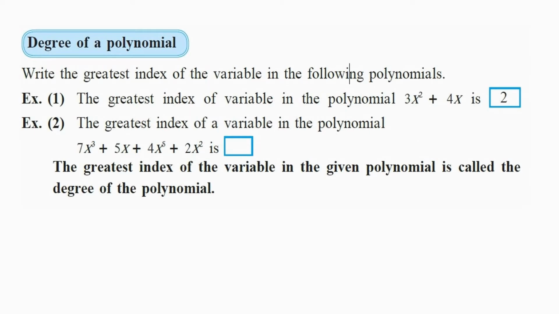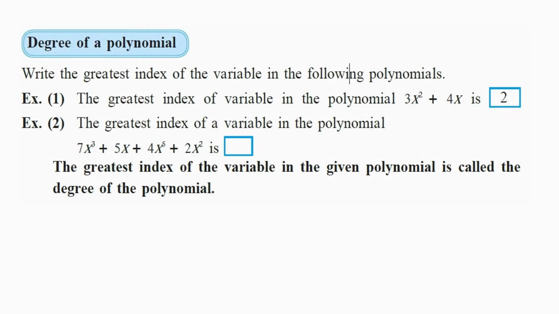Degree of a polynomial. Let us understand what is the meaning of degree of a polynomial. Write the greatest index of variable in the following polynomials. The greatest index or the greatest power of this polynomial, 3x squared plus 4x, is 2. It has one variable x and the greatest power of that variable x is 2.